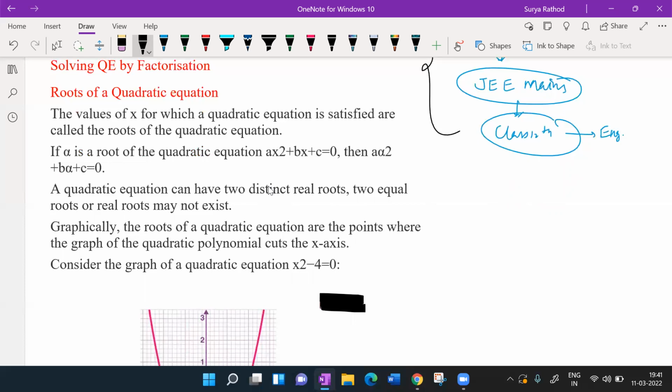Otherwise we will discuss after the class, or we will have a doubt session separately. In regular class, we'll be discussing concepts and solving questions. On the doubt session day, you can clarify your doubts.